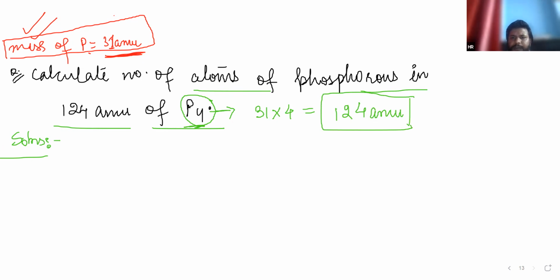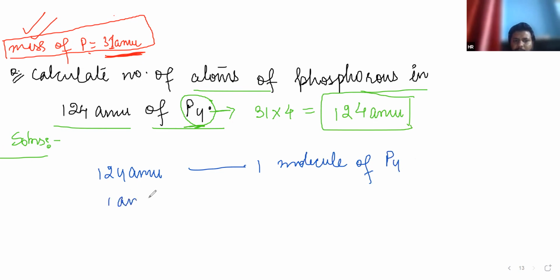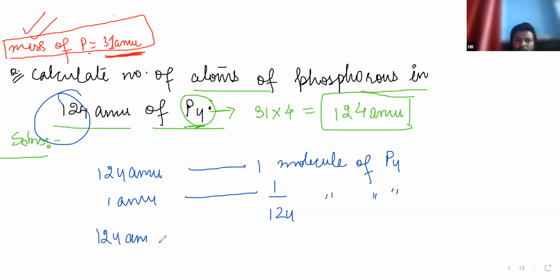Okay. Just see, 124 AMU means one molecule of P4. In 1 AMU, we need to calculate 1 by 124 molecule of P4, and we have to calculate in 124 AMU. So in 124 AMU, we will have only one molecule.